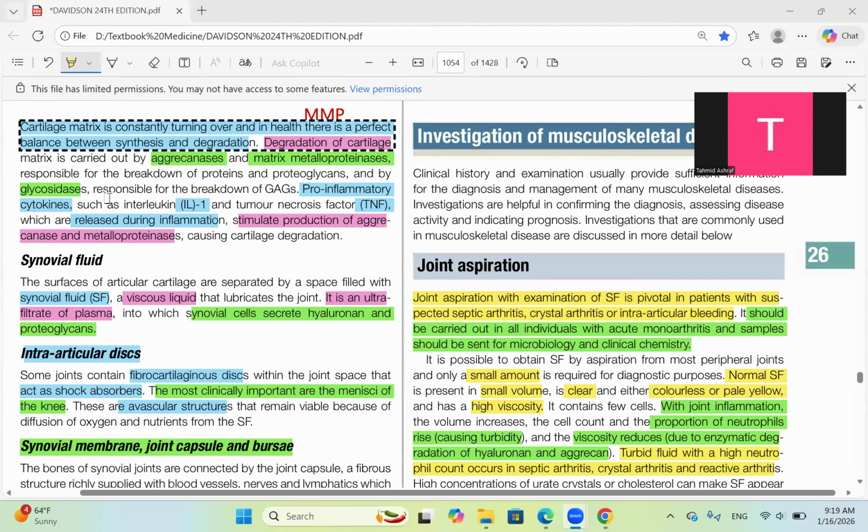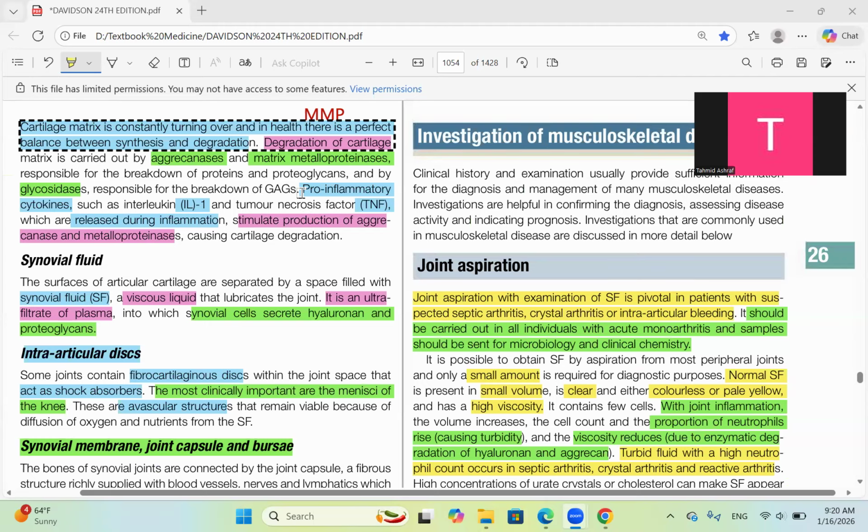So glycosidases are responsible for breakdown of glycosaminoglycans. Glycosidase is another example of an enzyme which causes degradation of cartilage. This kind of information is important for MCQs, like true false type questions. So three types of enzymes are responsible for degradation of cartilage: aggrecanases, matrix metalloproteinases, and glycosidases.